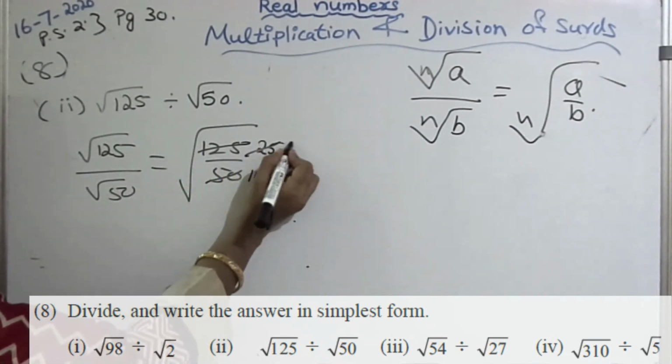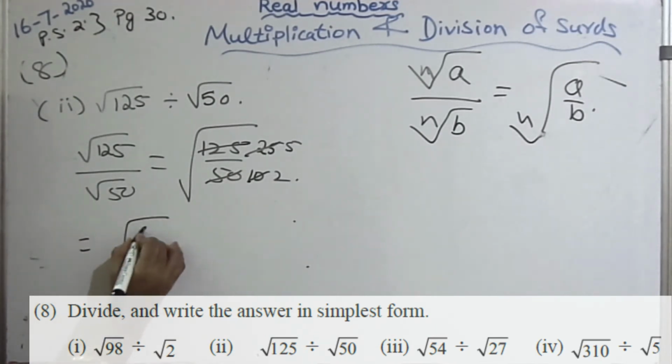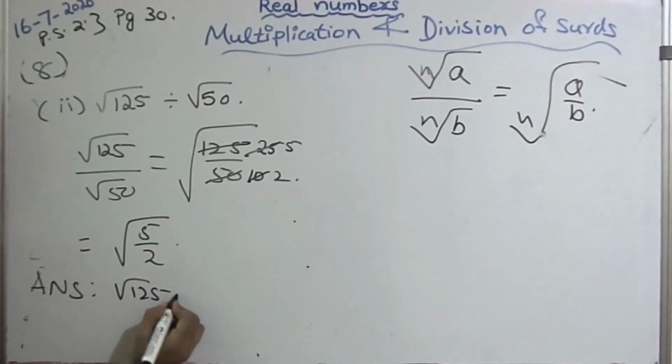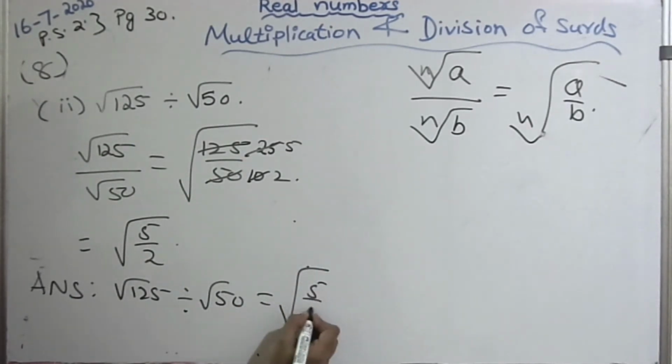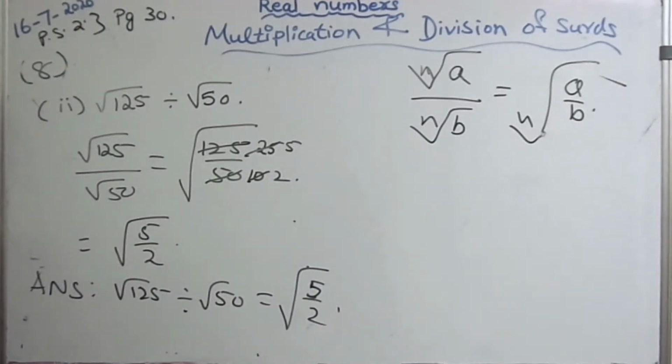Again 5 goes. 5 5s are 25, 5 2s are 10. So you get root of 5 upon 2. This is the answer. It cannot be done further. Okay. So final answer you can write down: root 125 divided by root 50 is equal to root of 5 upon 2.